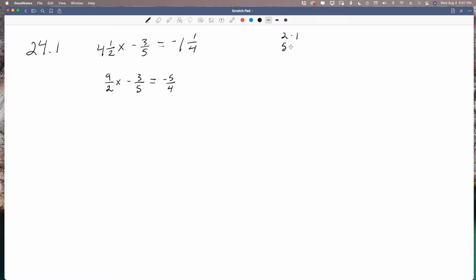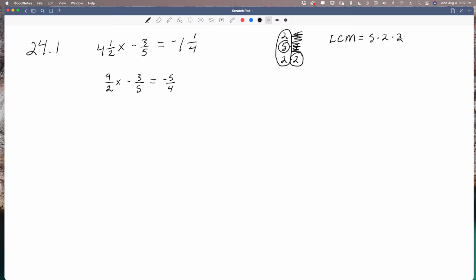Factors of 5 are 5 times 1. Factors of 4 are 2 times 2. Okay, we know we can drop the 1s. We don't need those. So now we see we have a 5, and we have a pair of 2s, but we also have another 2. So we are using 2s 2 times. So our least common multiple is going to equal the factors of 5 times 2 times 2.